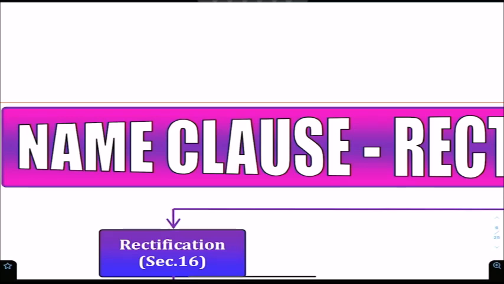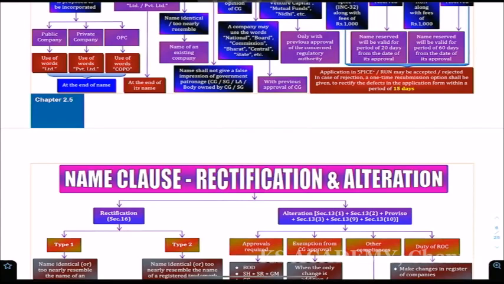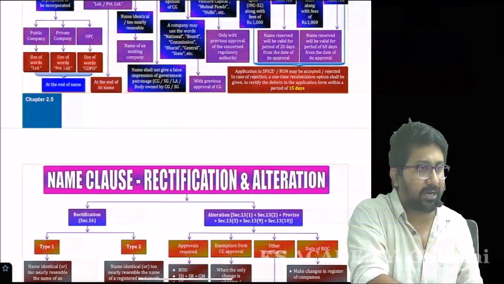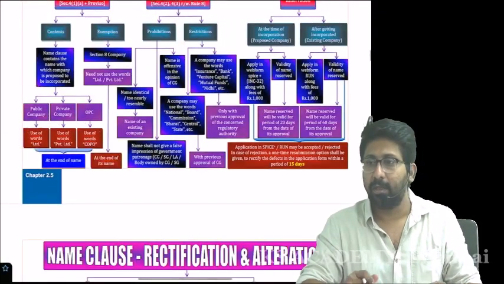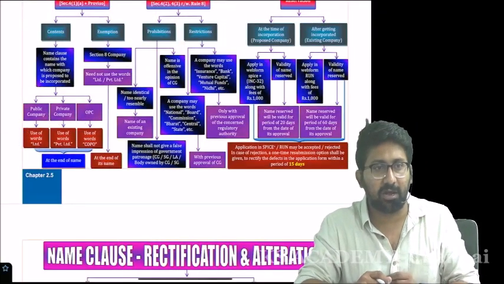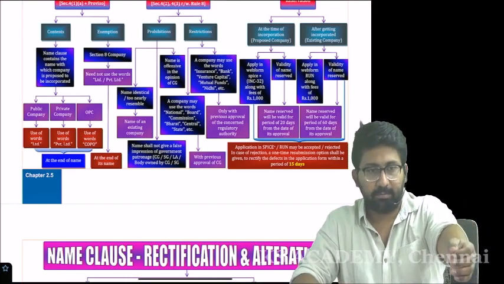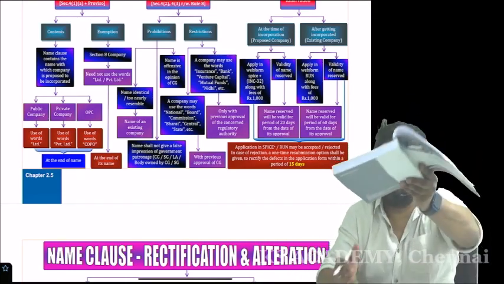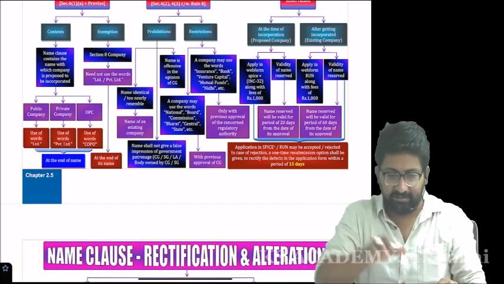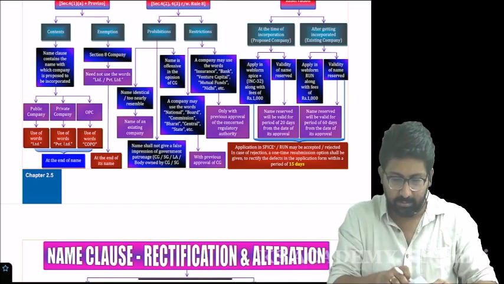Sorry, listen carefully. What are we going to do? Study material, what wrong it has done, we are going to correct it. Let me first explain. If you have the study material on hand, one minute. I will show you one pointer. You need not even see; I will just tell you how they have given it.